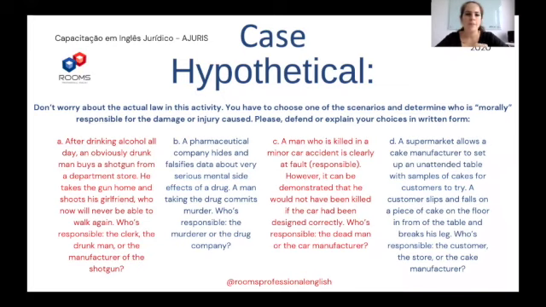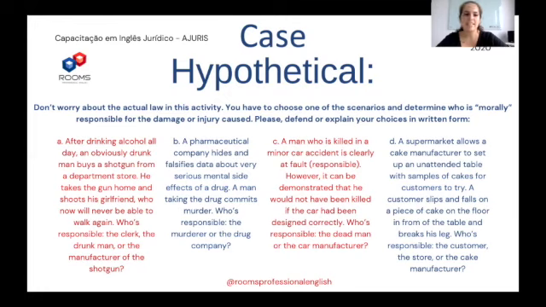And finally, if you remember the end of our last class, we discussed the case where a guy had a few more shots at the bar, and then he took his car and he ended up crashing a girl and killing her. What I would like to suggest you now here in this case, hypothetical, is to read these 4 cases that we have and try to write down a text determining who is more morally responsible for the damages and injuries caused than the other.